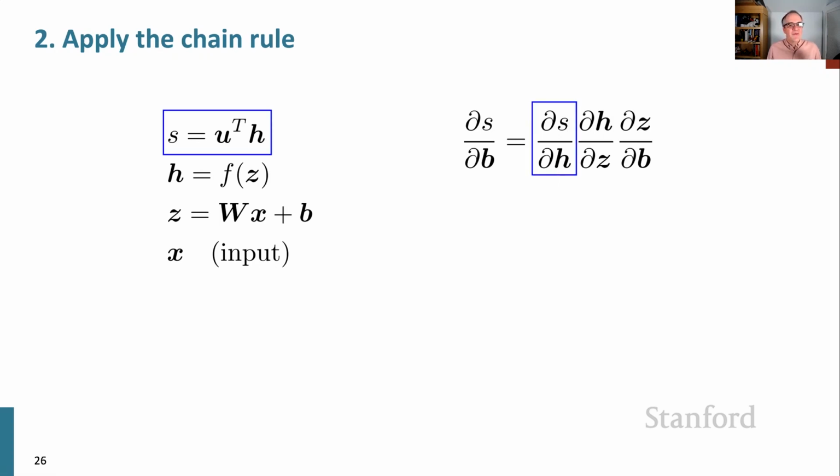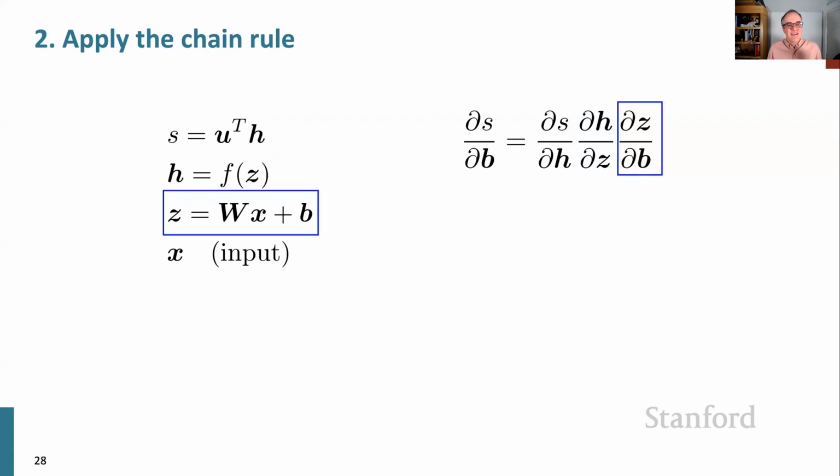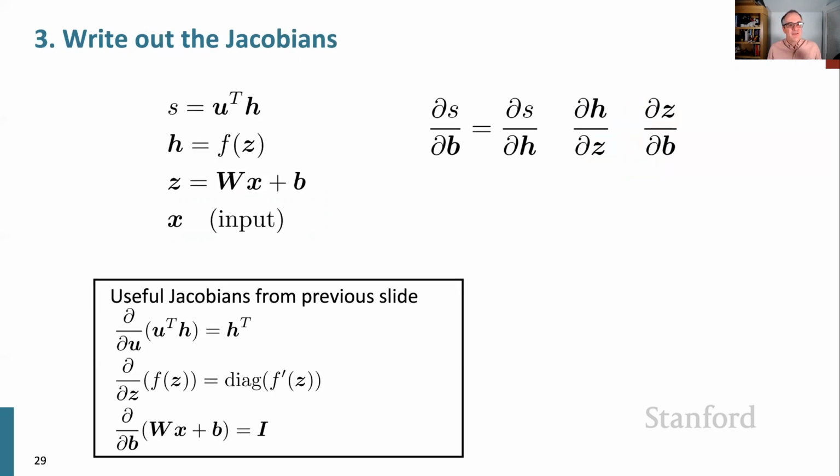So we've got S equals UTH, that's the top corresponding partial derivative, then the partial derivative of H with respect to Z, and the partial derivative of Z with respect to B, which is the first one that we're working out. If we're lucky, we remember those Jacobians I showed previously: the Jacobian for a vector dot product, the Jacobian for the nonlinearity, and the Jacobian for the simple linear transformation.